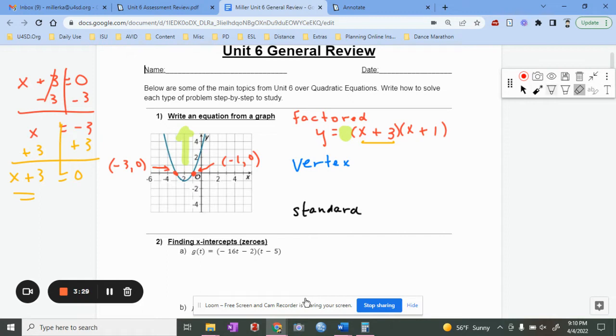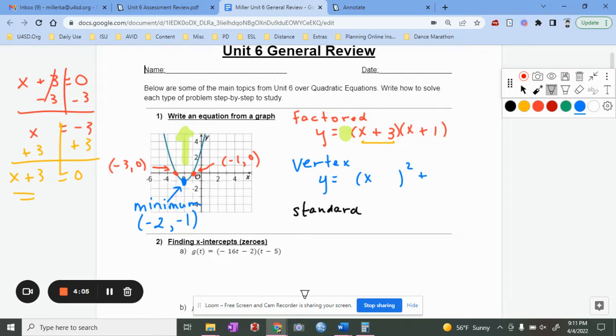Vertex form is going to be a little bit different because we are going to take that y equals x plus or minus a number squared and then plus our k value, our h, k. So we identify our vertex, which is our maximum or minimum point. So here, this is our minimum, and it is the ordered pair -2, -1.